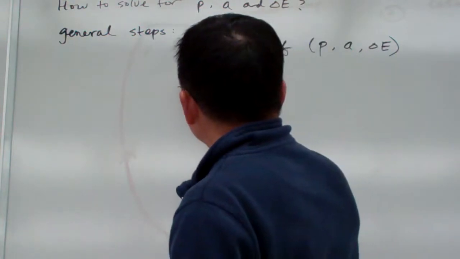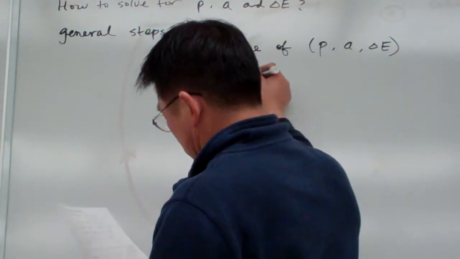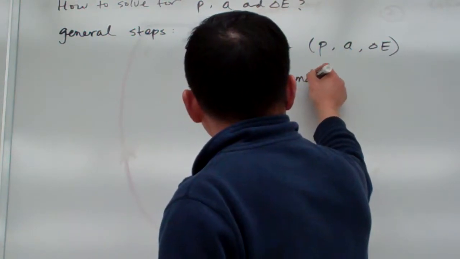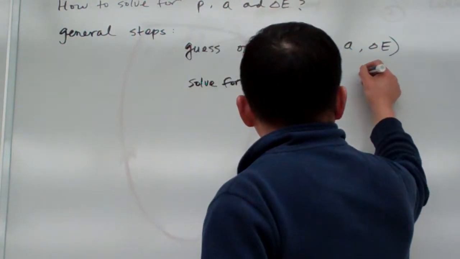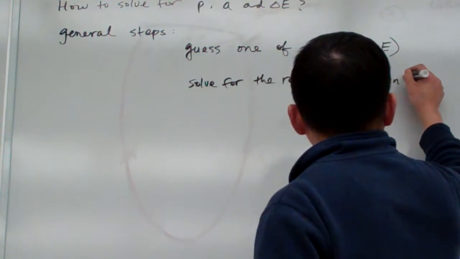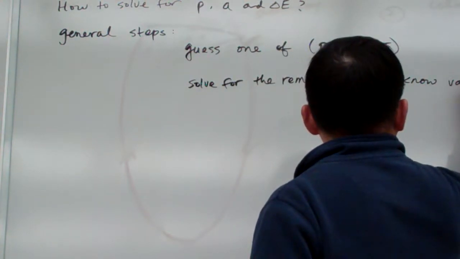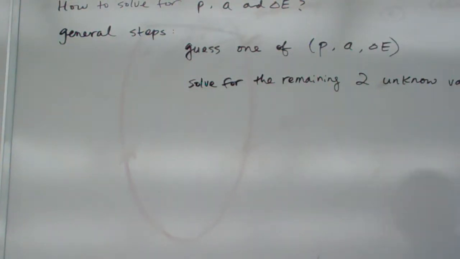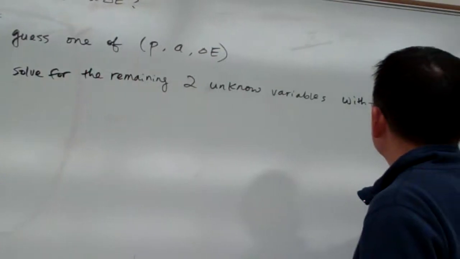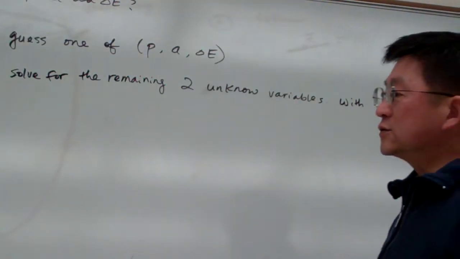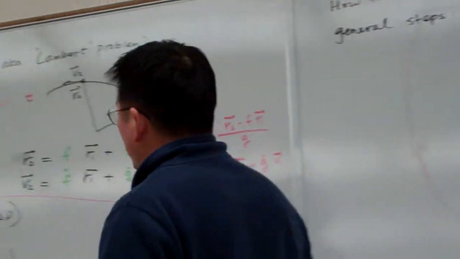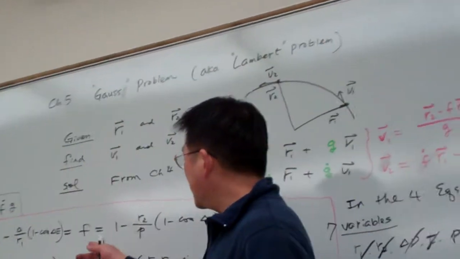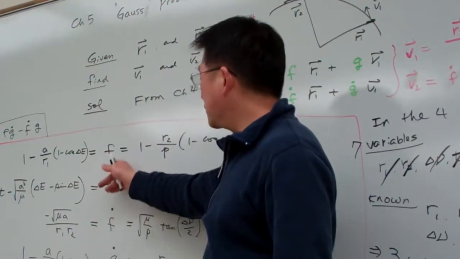So we solve for the remaining two unknown variables, and our important strategy is using F and F dot. Our thinking is we guess one value and we solve for the other two unknowns with the two equations. And then we test.